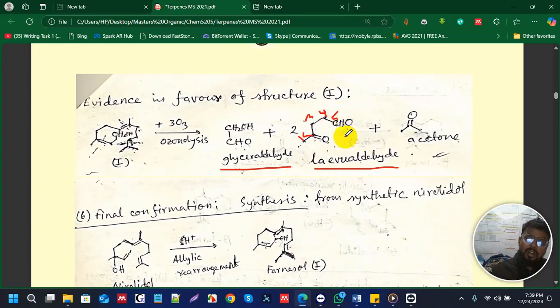It is an aldehyde compound containing a ketonic group, and when we read the ketonic group in the prefix portion, it's oxo: 2-oxopentanal. By means of the ozonolysis reaction of farnesol, we form two molecules of laevulinaldehyde, one glyceraldehyde and one acetone.